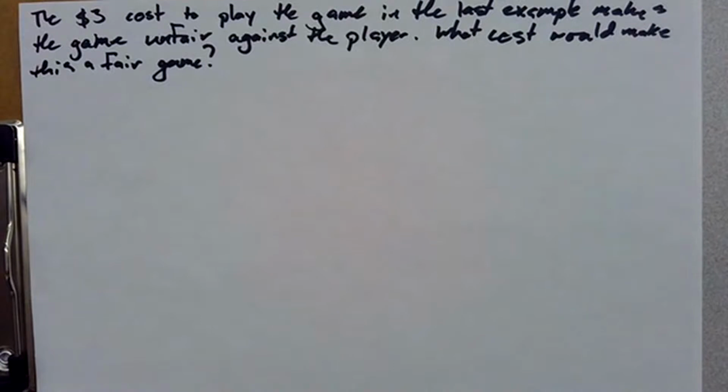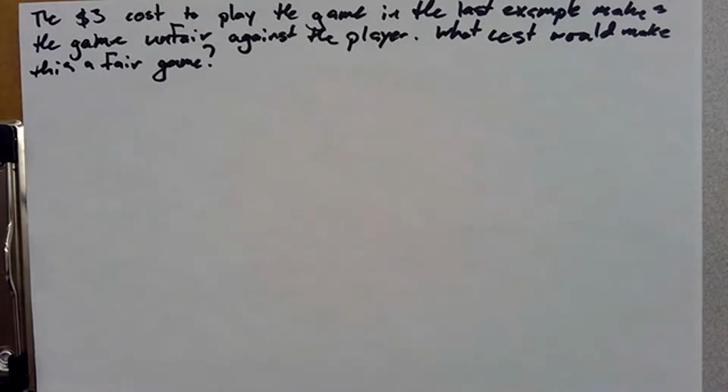$3 cost to play the game in the last example made the game unfair against the player. What would make this a fair game? Well, since the expected net winnings are -50 cents, that means that the price is 50 cents too high.